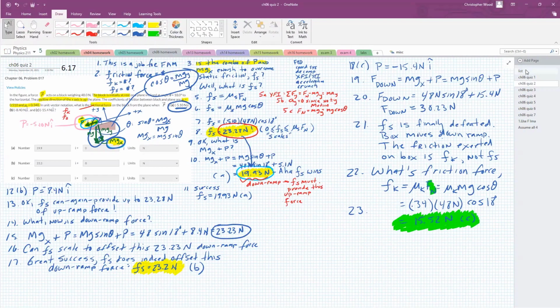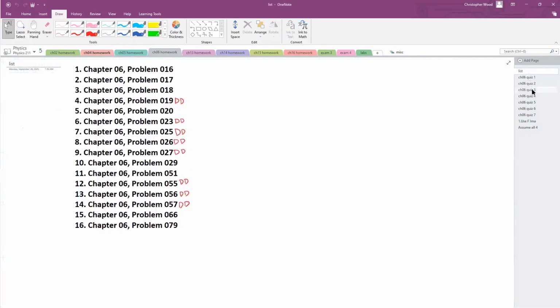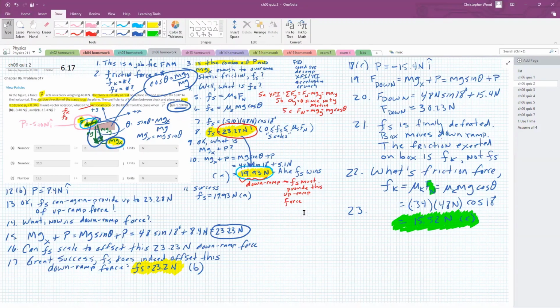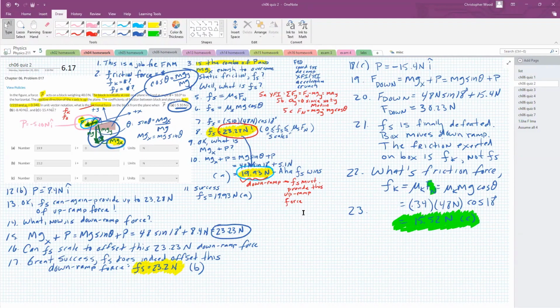Let me come back to this page in a second. Quiz 3 is problem 18. You guys can do that as I get quiz 3 ready. Time check 3:02. All right.